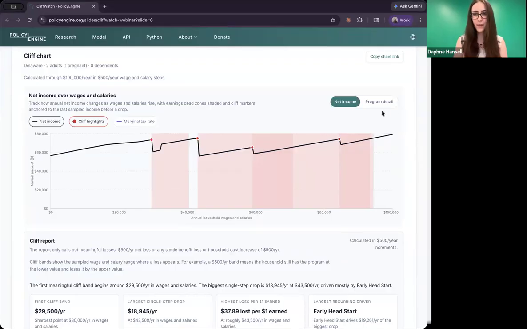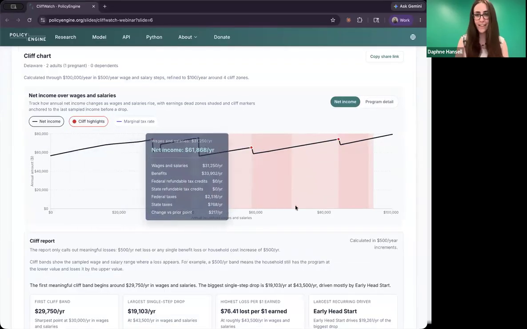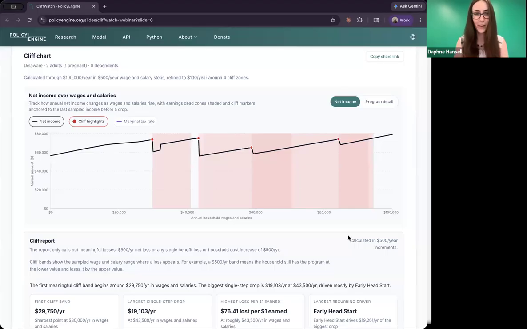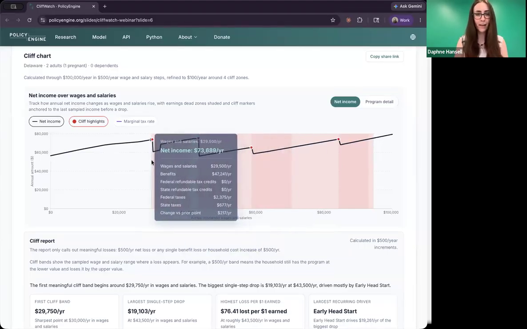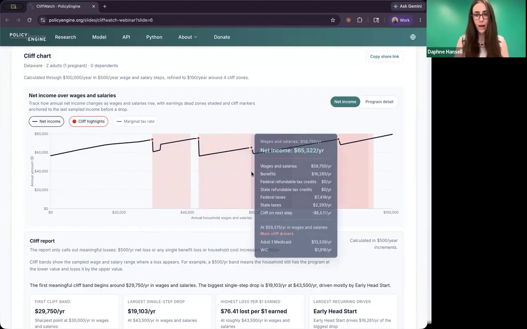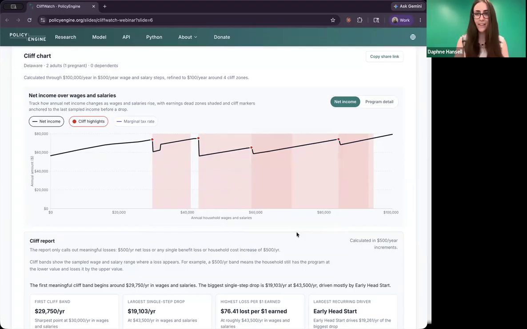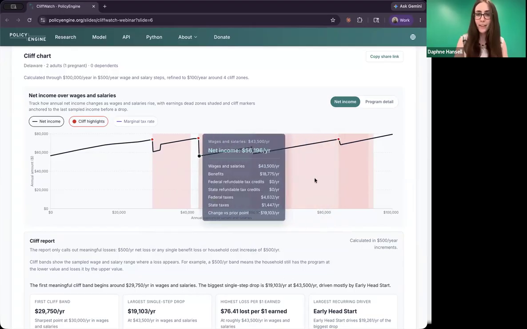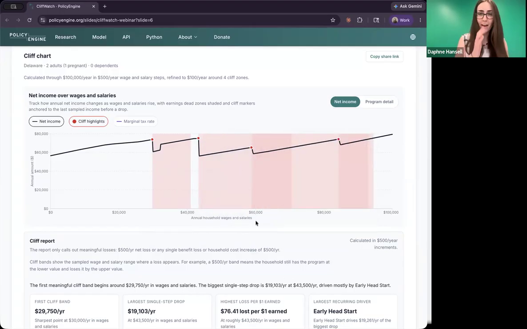You can see there's a cascade of cliffs in this example, caused primarily by Medicaid, Head Start for the child, Medicaid for the pregnant adult, which is set at a higher income level than the not pregnant spouse, and then WIC as well. And then our last one is good old ACA premium tax credits at 400% of the federal poverty line.